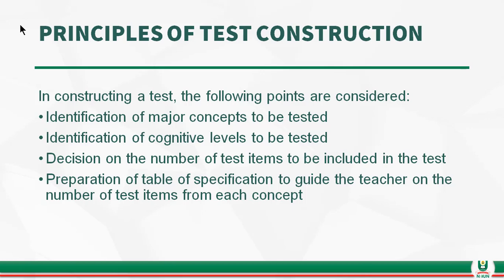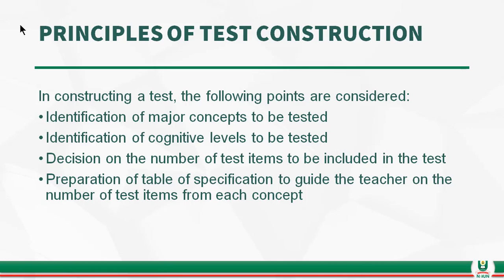If you have a concept and you need to test that concept, you test the knowledge, you test the comprehension, you test application, you test analysis, you test synthesis, and you then test evaluation.